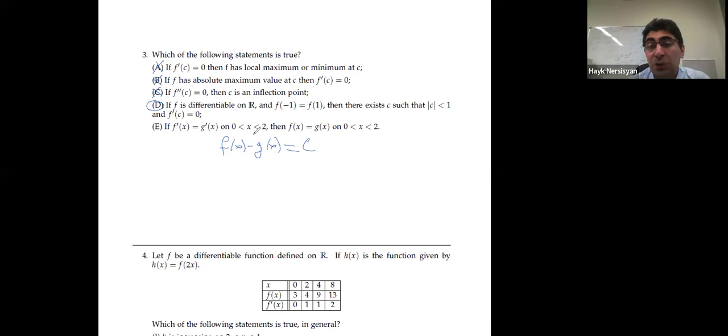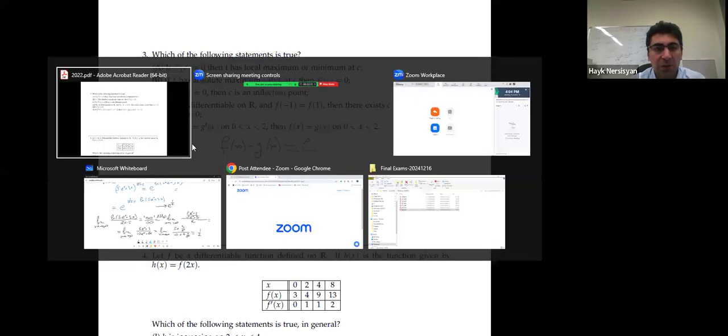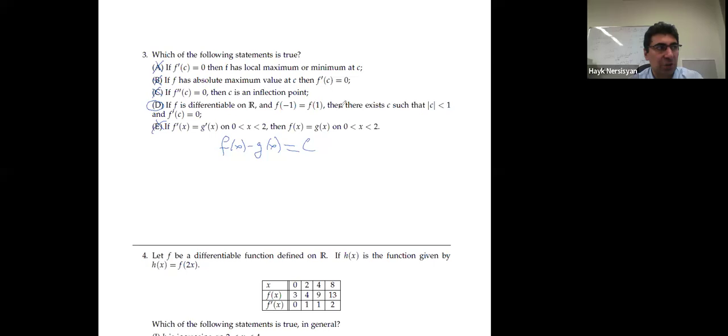But if derivative equals to 0, it doesn't mean that function is 0. It can be any constant. We can say fx equals to gx plus some constant c, but not necessarily that constant c should be 0. So this is also wrong. Okay, so we can just move forward.